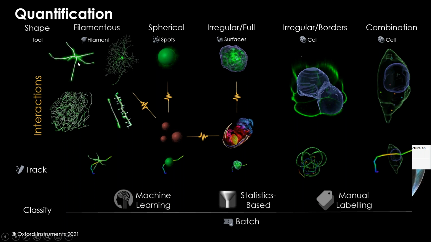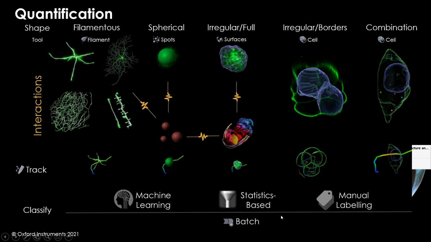You can also do that kind of work using filament tracer, where you can trace out all the processes in this cell or trace a neuron and understand all of the different branches that you have, count those, and that sort of thing. With all of these different models integrated, you can go on to do things like tracking through time.